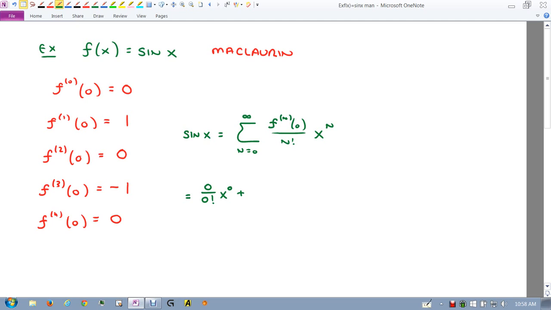Plus, what's your next one? 1 over 1 factorial x to the first. Next one, 0 over 2 factorial x to the second. Next one, negative 1 over 3 factorial x cubed. And now we start repeating the pattern. 0 over 4 factorial x to the fourth. 1 over 5 factorial x to the fifth. Plus dot, dot, dot.